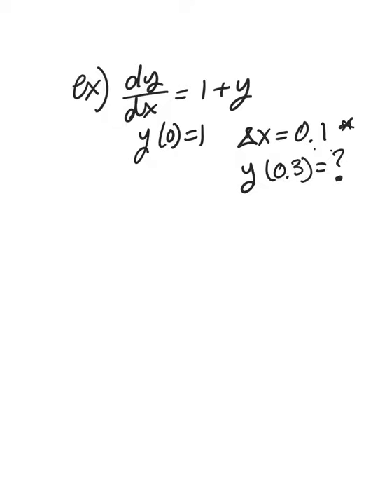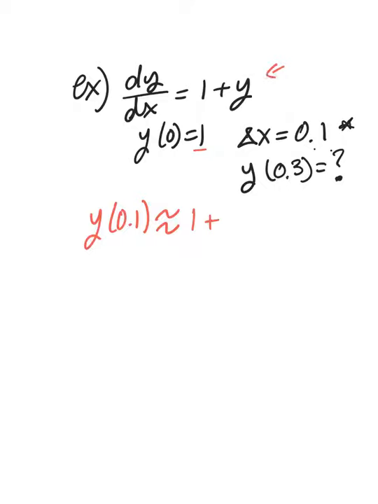So the first one I'm going to figure out, if I'm starting at 0 and I'm going up by 0.1, that means the first one is going to be y of 0.1 is approximately. Now I'm doing my tangent line, y1. What is my first y value that I know? It's 1. Plus m. M is our slope. Slope is derivative. That's that right there. And it says to do 1 plus y. Well, y is 1.